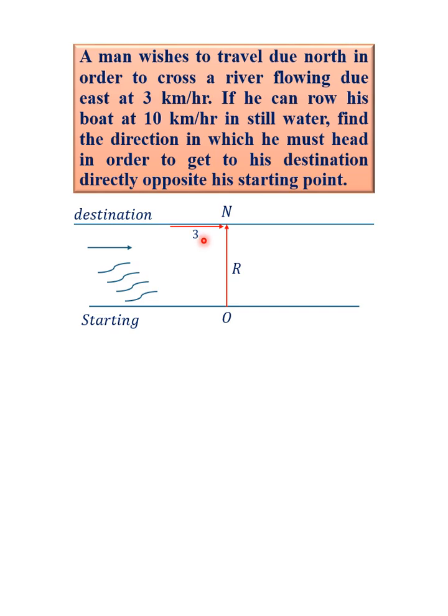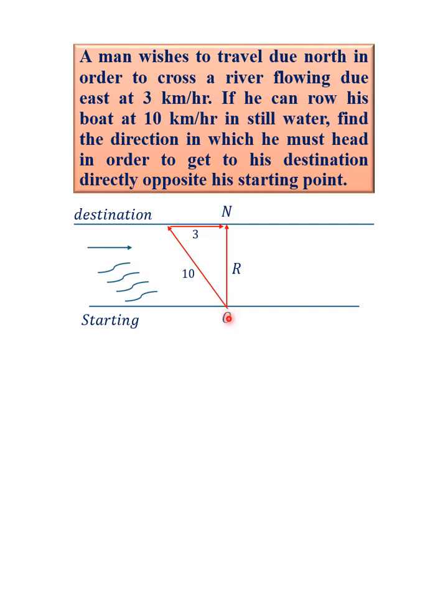What do you think the man should do? Instead of going straight, we should expect the man to go in this direction so that as he is going in this direction, the current of the river will eventually push him right to go directly opposite his starting point.